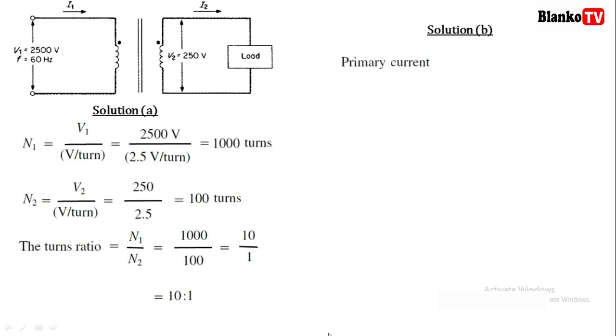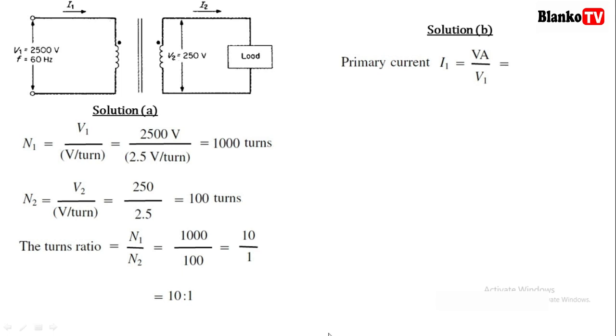So we are to calculate for the primary current, which is I1. So we use the formula VA, which represents the rated power, over V1, which is the primary voltage.